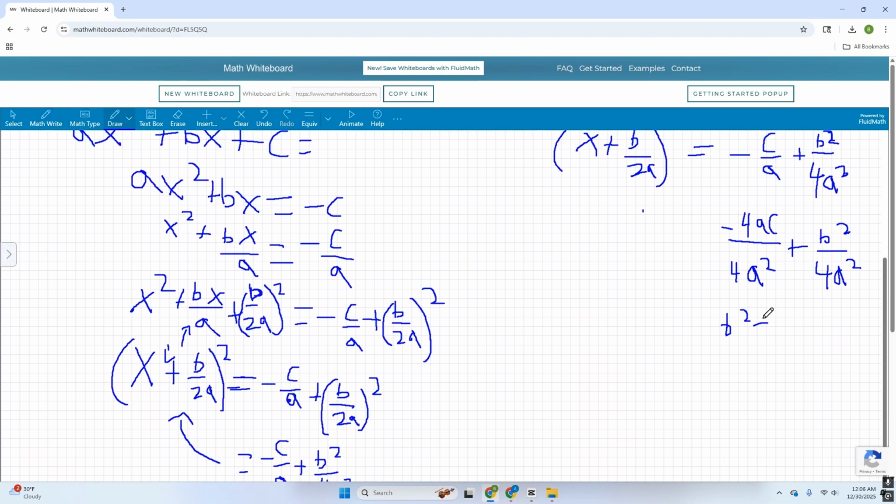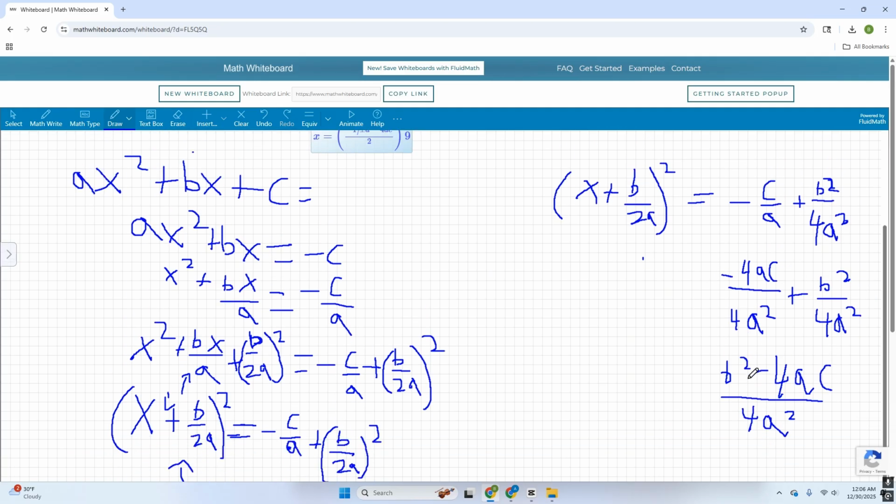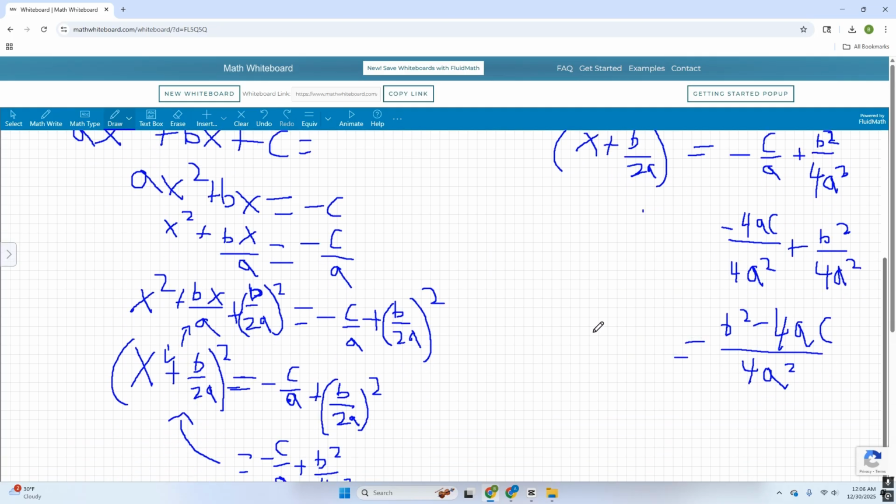So, when we move this over to the left side for a c, we can put them all under the same fraction. Now, all of this is considered one fraction, since we made their denominators equivalent. And this is equivalent to x plus b over 2a squared.